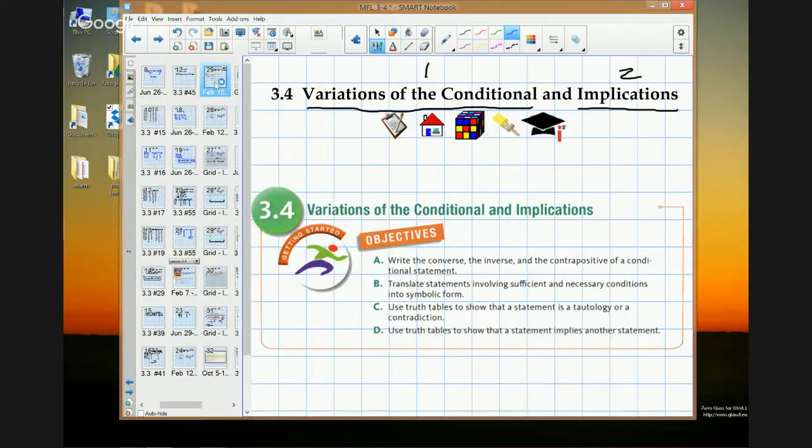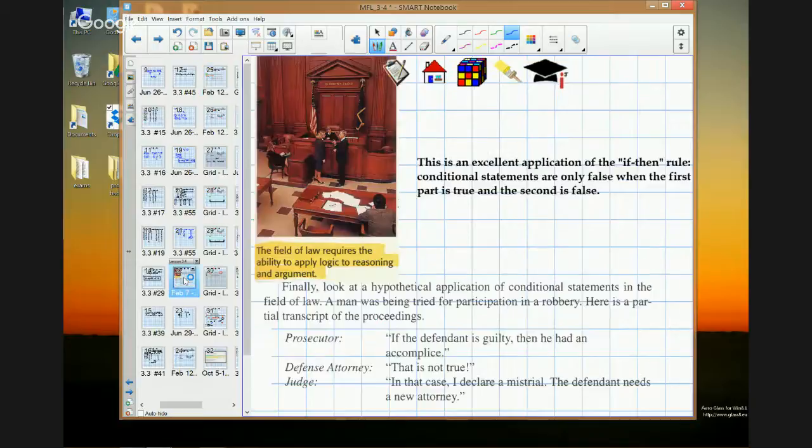Now I wanted to show you a review thing. I thought this was kind of interesting, and I think several of you last time asked how this applies to life. This is really a good example of that. Here we have a courtroom scene. Just look at the dialogue at the bottom.